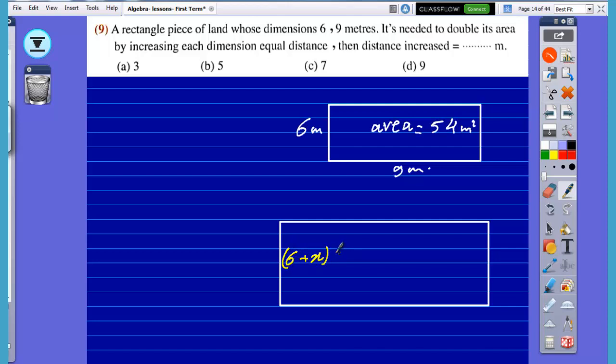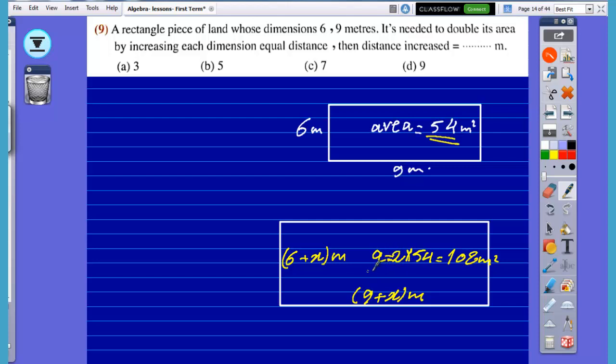It is the new dimension, and the other dimension will be 9 plus x meter. In this case, its area will be double. So we have the area here is 54. The new area must be 2 multiply 54, which equals 108 meter square.